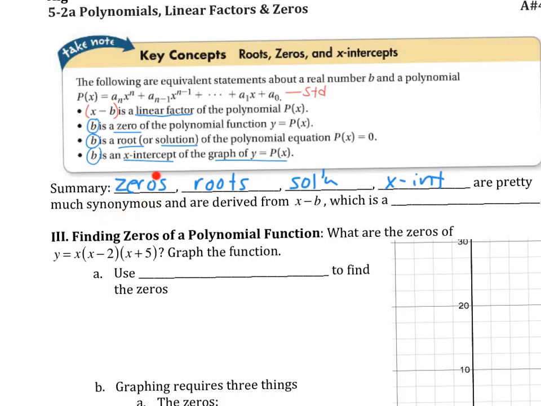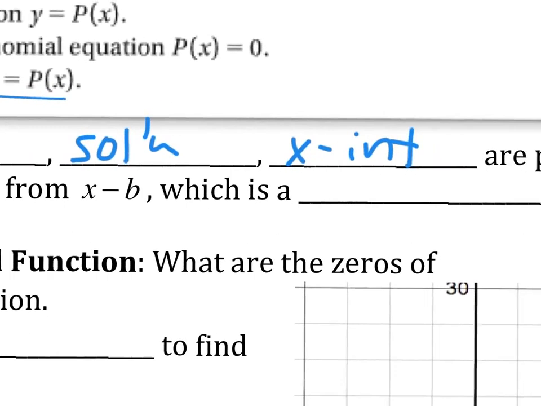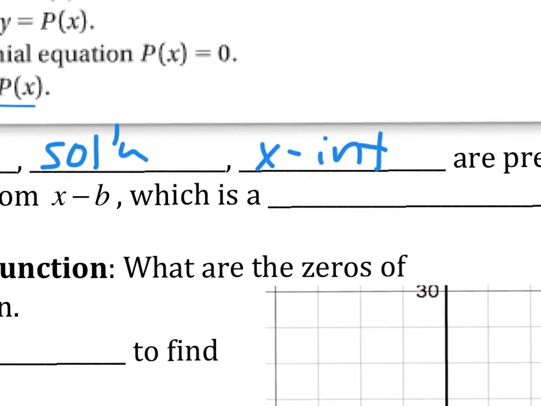So whenever we say zeros, roots, solutions, or x-intercepts, we're saying almost the exact same thing. They're all derived from this one thing called x minus b. It doesn't have to be in parentheses, but we usually see it in parentheses, and that's called a linear factor.